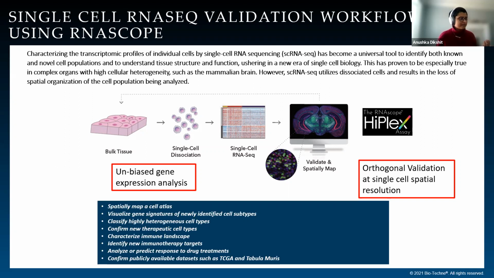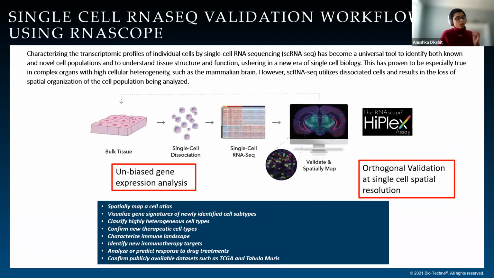So after you've performed your unbiased gene expression analysis by single cell sequencing, you identify those key markers that are differentially expressed or are novel cell type markers, and then you validate their expression with a spatial context using this HiPlex assay. So this ultimately enables developing new cell atlases, identifying and visualizing new cell subtypes to confirm target cells for new therapeutic interventions, and so forth.